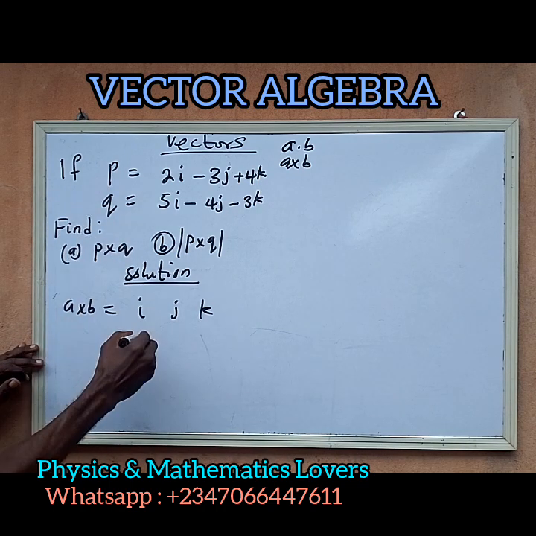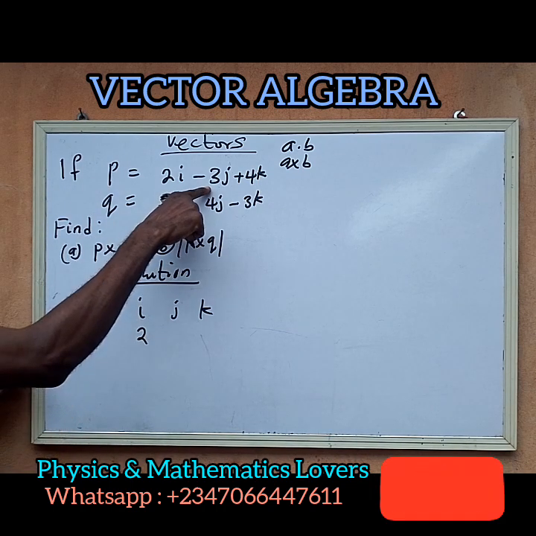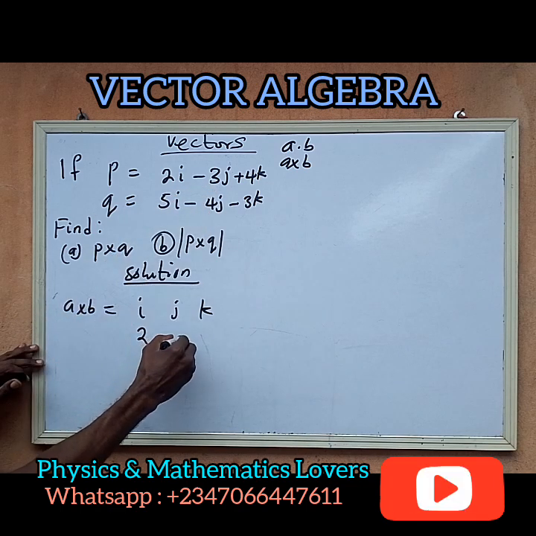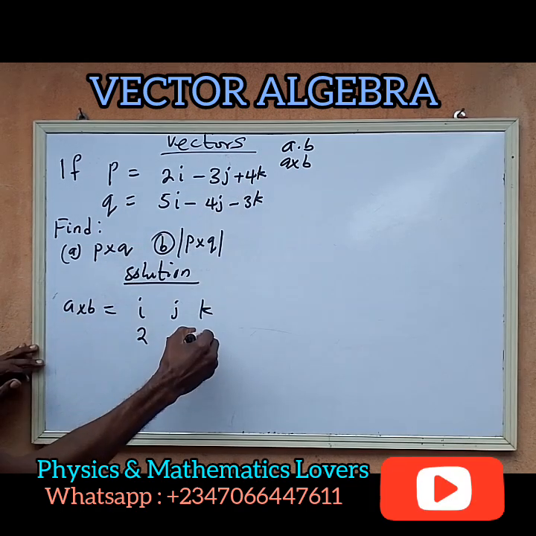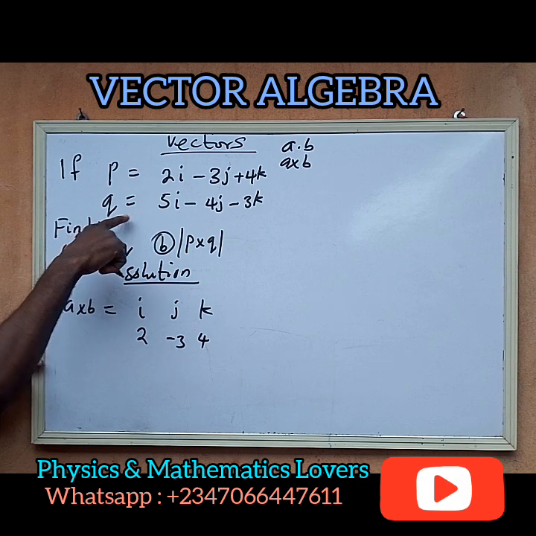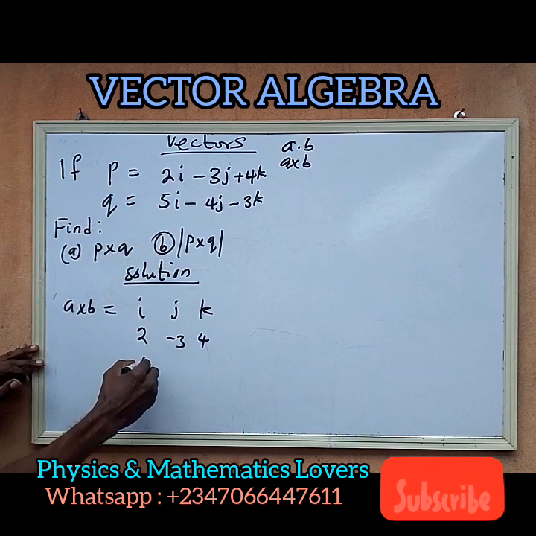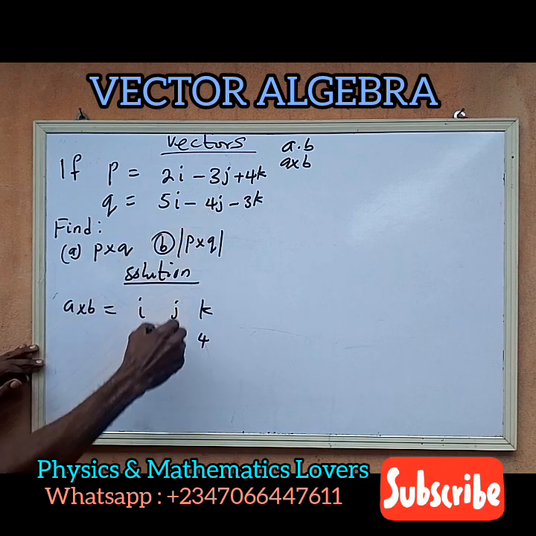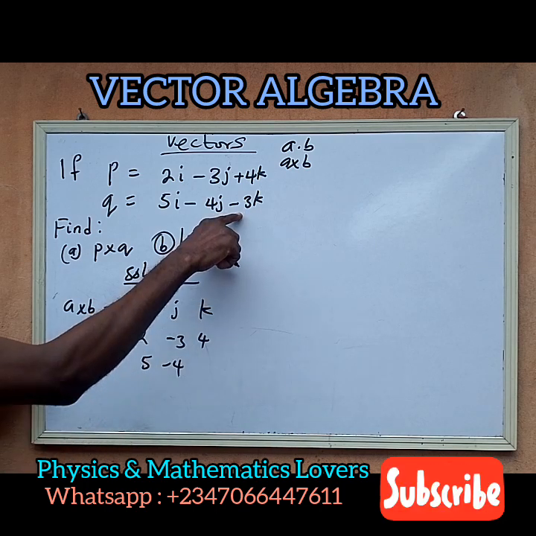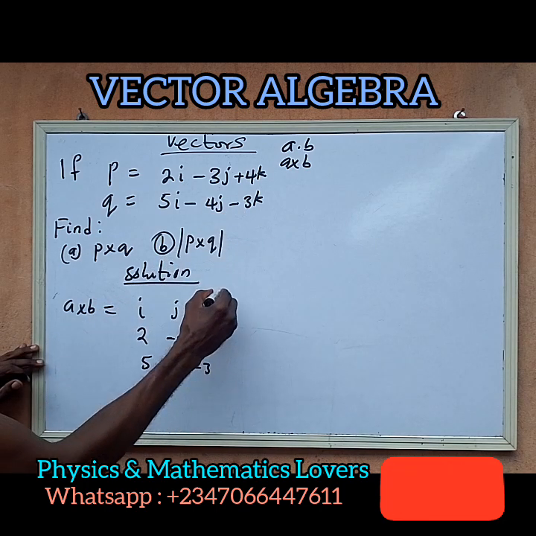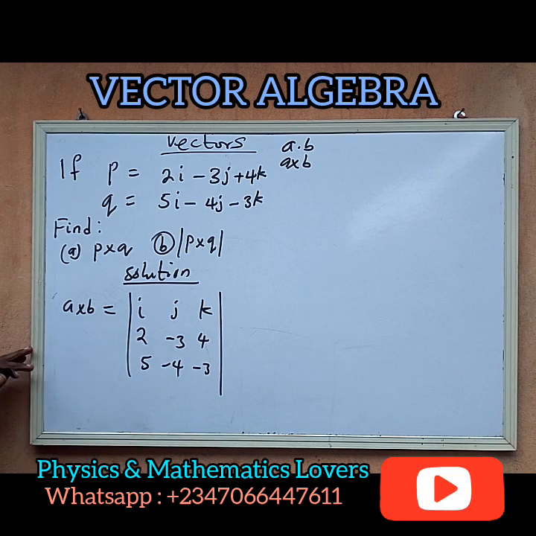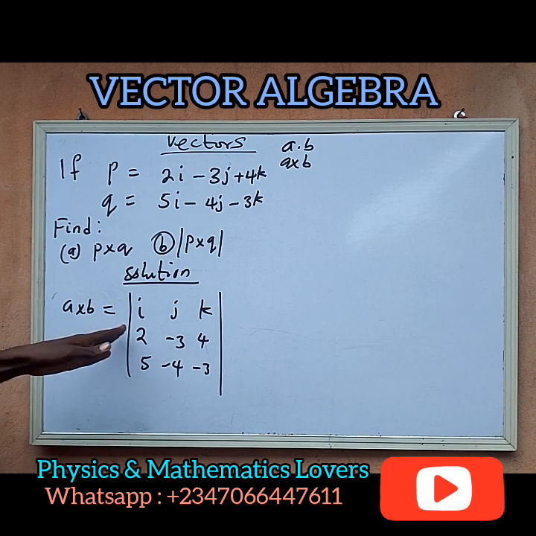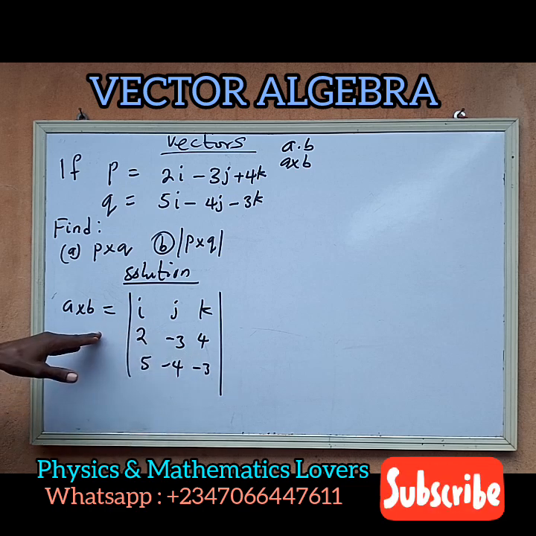For vector P, we have 2, here we have -3, and here we have +4. Then let's go to Q. We have 5, then -4 and -3. So automatically you have formed an array in matrix form, meaning that we are going to use determinants to find this product.